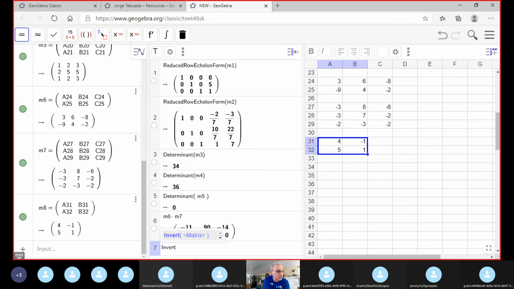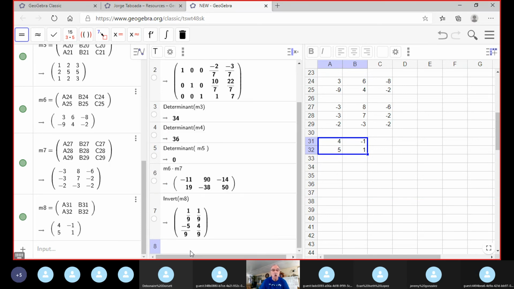Invert, not inverse. My common sense indicates inverse, but it is the syntax in Geogebra. M8. Press enter. Boom! Is the answer. 1 over 9, 1 over 9, negative 5 over 9, 4 over 9. Beautiful. Fantastic. No problem.